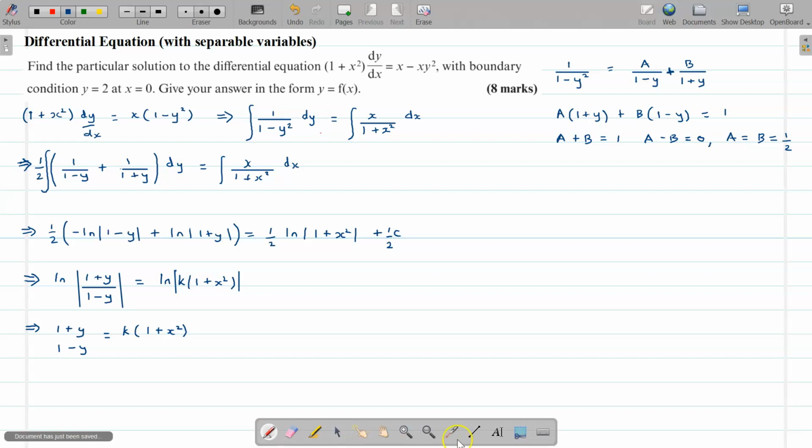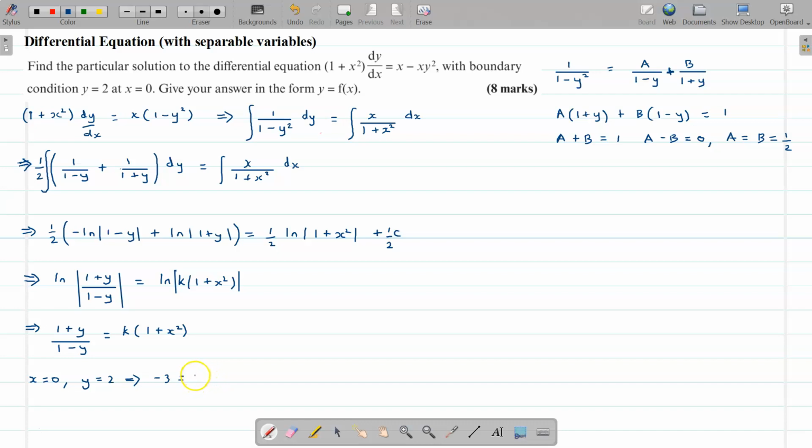Now, we can use the boundary conditions. We're told in the question that when y is 2, x is 0. So x equals 0, y equals 2 implies that, well, we've got 1 plus 2 is 3, 1 minus 2 is minus 1, so minus 3 equals k times 1 plus 0.